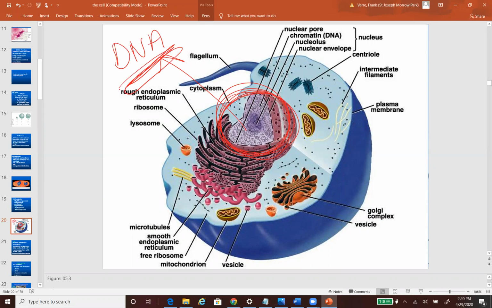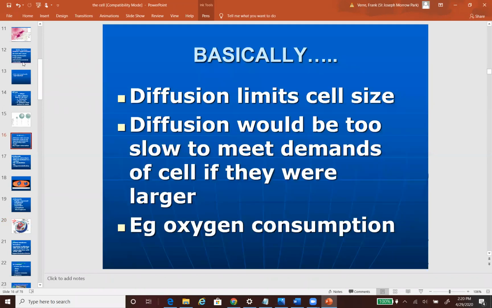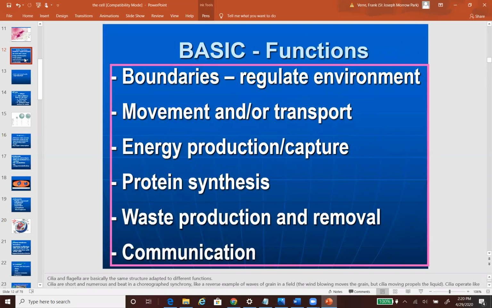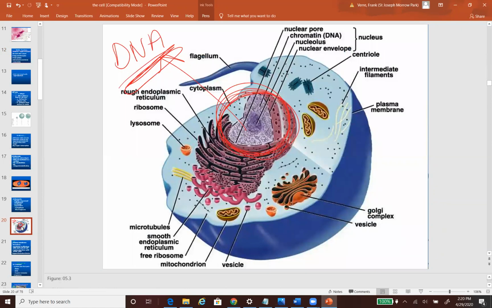called DNA. And this is important because the DNA is the set of instructions that allow a cell to carry out these very important functions like controlling movement, capturing energy, making proteins, communicating, and getting rid of waste. I like to think of the DNA as the software of a computer.